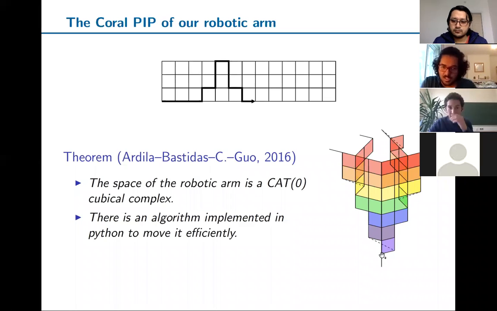So the length of the tunnel is arbitrary, and also the width. The length of the tunnel will give you the height of this picture, and the width will give you how wide it is. So it will move in that direction.